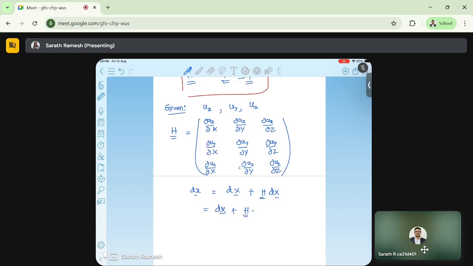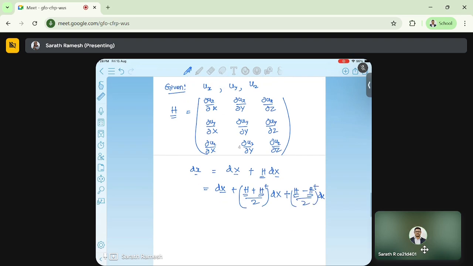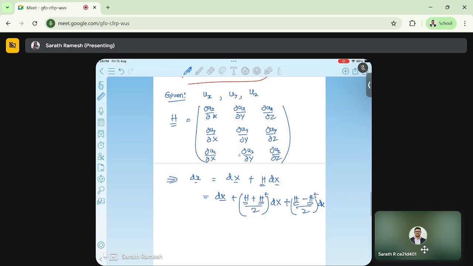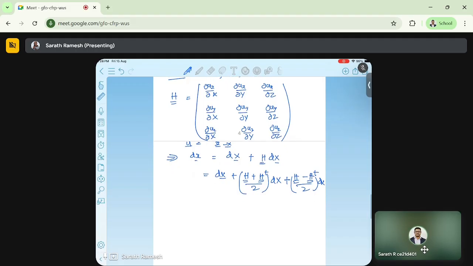So H plus H transpose by 2 is the symmetric part, times dx, plus H minus H transpose by 2 times dx. This is the general representation. How am I writing this? This is coming from u equal to small x minus capital X. For a small dx, if I substitute u in terms of H and dx, we can get this.